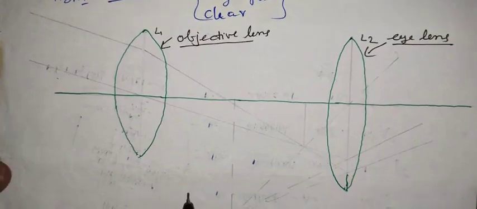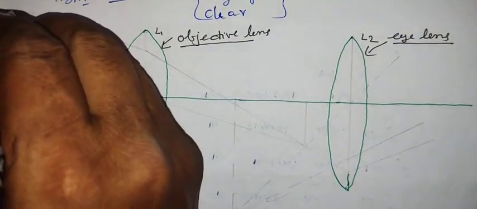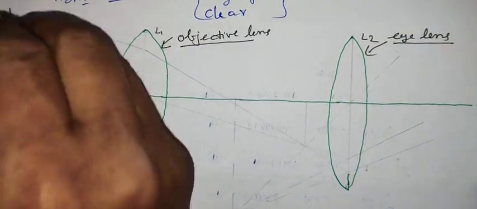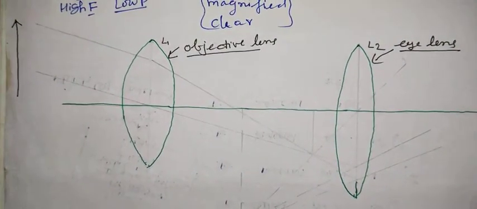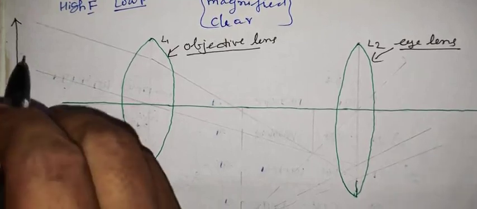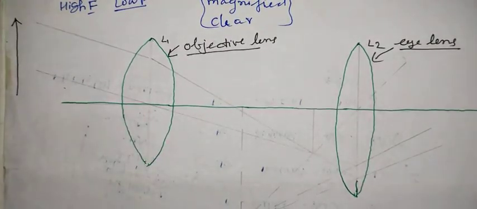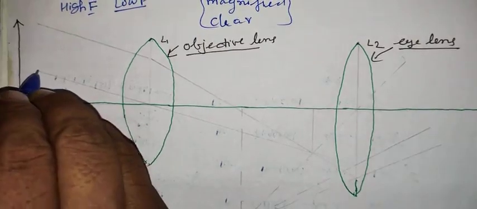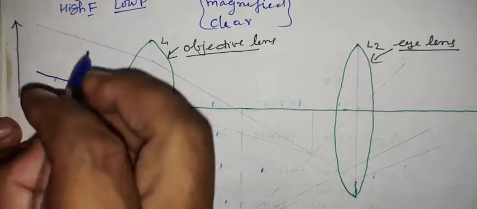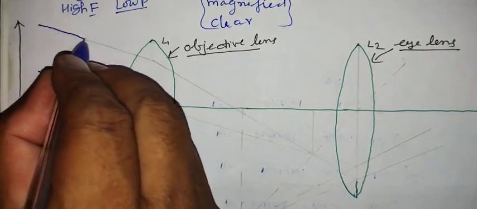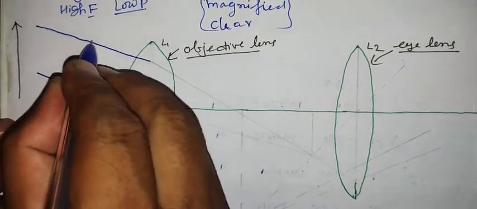Here in the telescope, the large object, a heavenly body like a star or planet, is much farther away, so it is considered to be at infinity. See the ray diagram. If the object is at infinity, a parallel beam of light is considered.